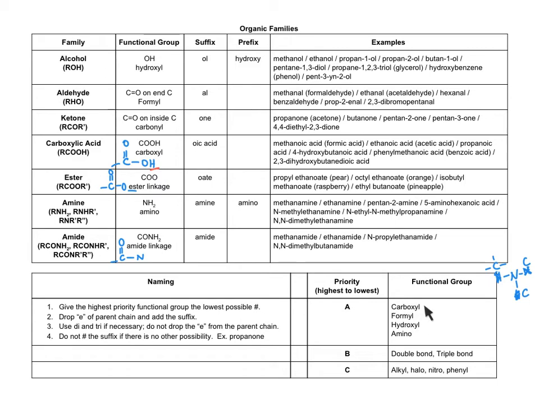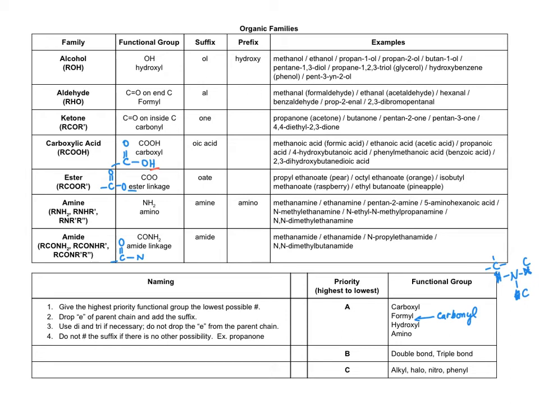And you'll notice there's an order of carboxyl at the top, then formyl, hydroxyl, and amino. And actually, I should be inserting into here, so I will add this in, the carbonyl group. So carboxyl, formyl, carbonyl, hydroxyl, amino.